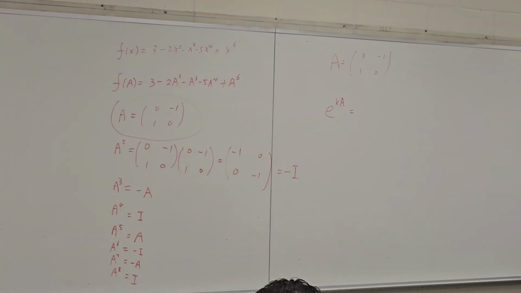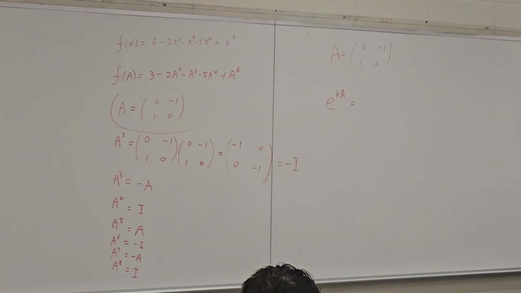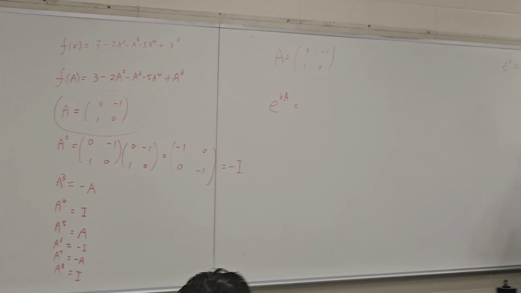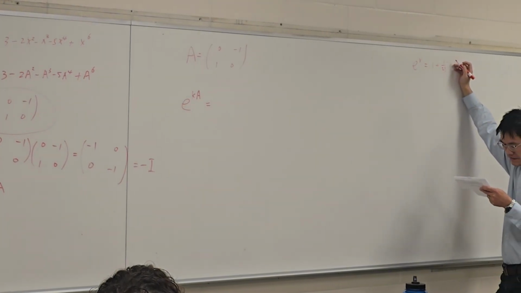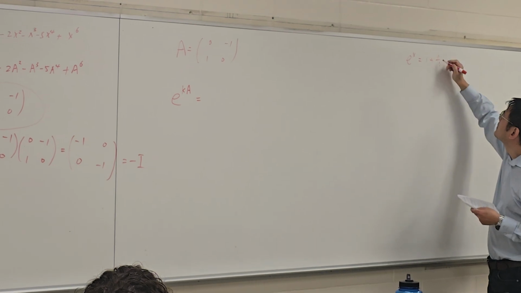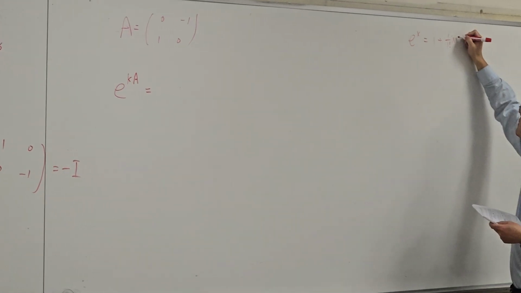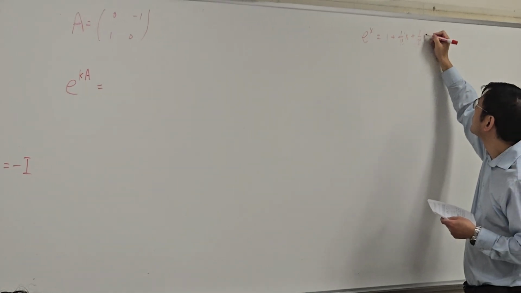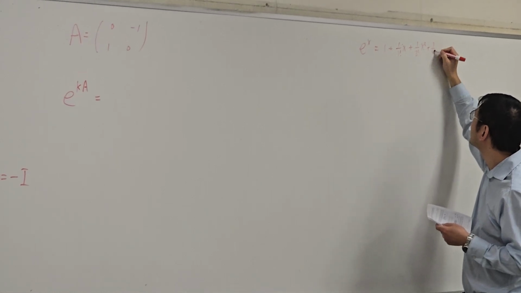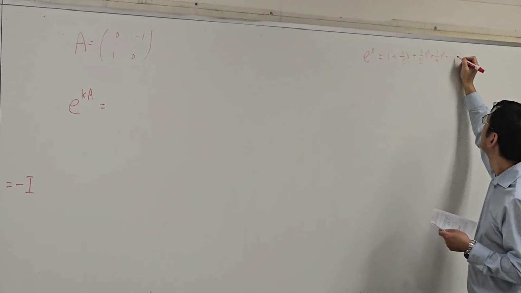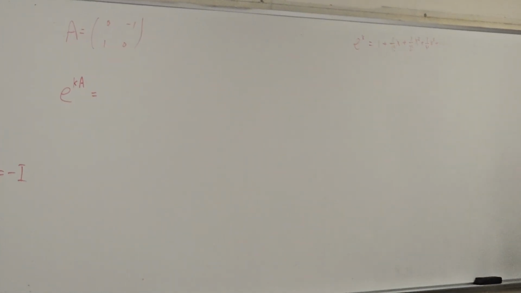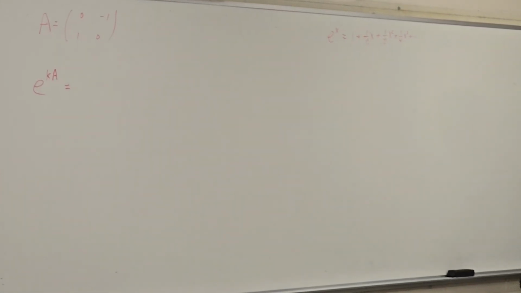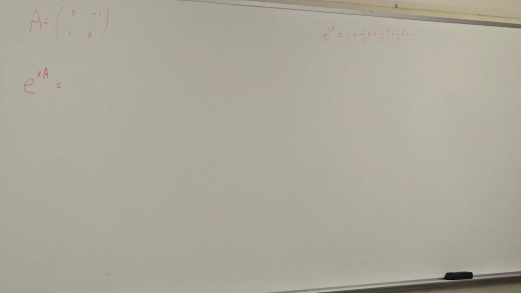So it's 1 plus 1 over 2. Oh, right. It's just 1 plus x, 1 over 2 x squared, 1 over 3 factorial x cubed. Okay, if you Google, you'll find this expansion.